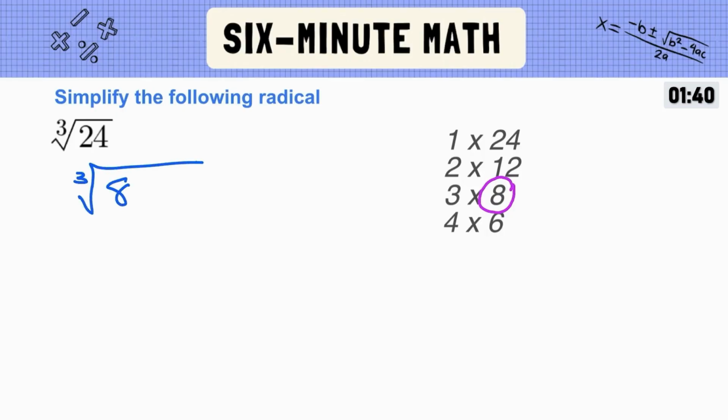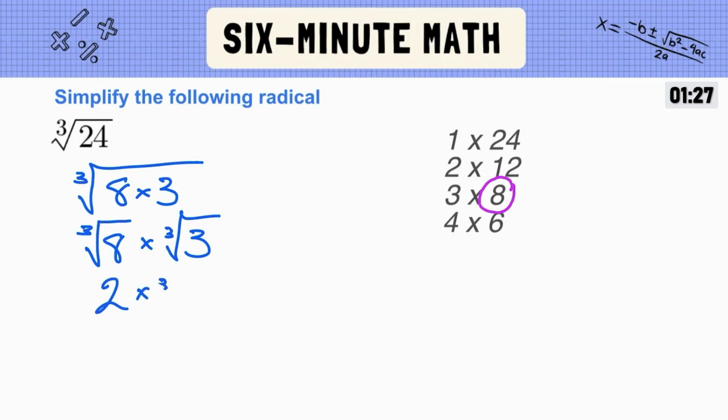We're going to have the cube root of 8 times 3. And then we split that into two cube roots. Cube root of 8 times the cube root of 3. The cube root of 8 is 2 times the cube root of 3, and then make that look nice. We have 2 cube root 3.